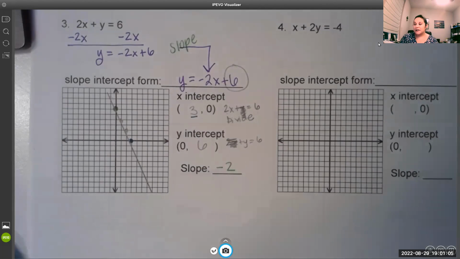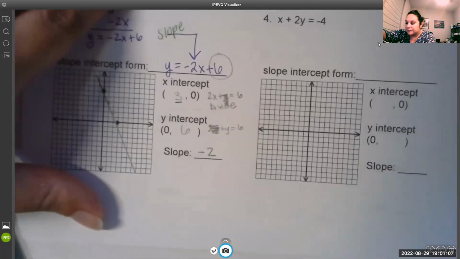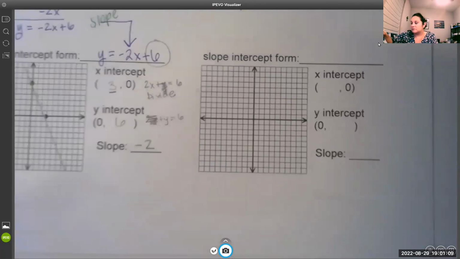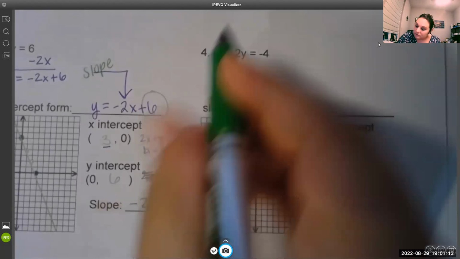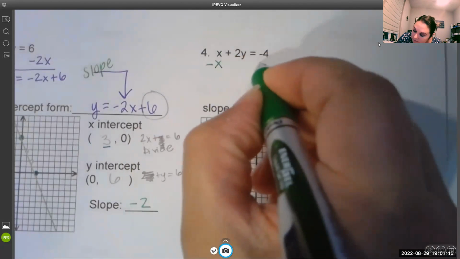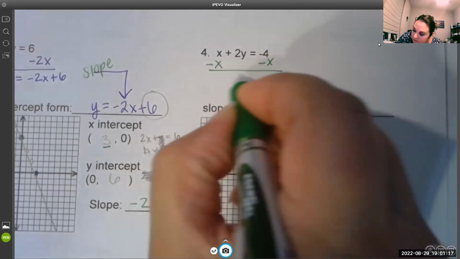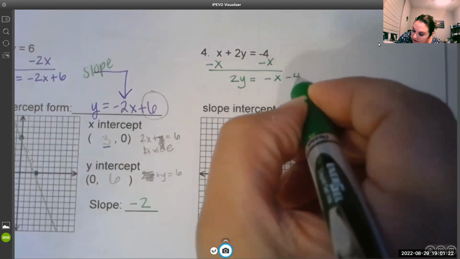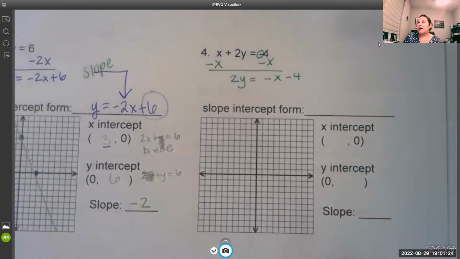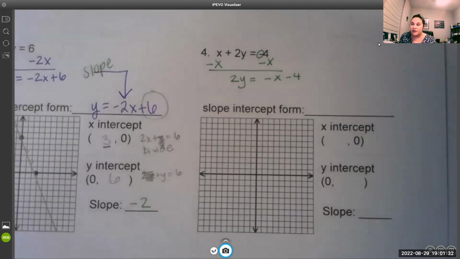Okay, last example I'll do with you. This 4 already had a negative, and then when I subtracted the x, that caused me to use the negative in front of the x.